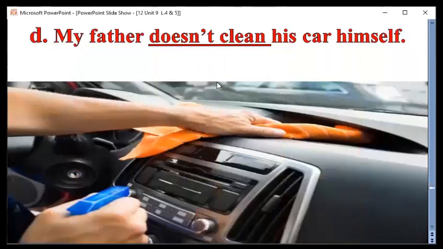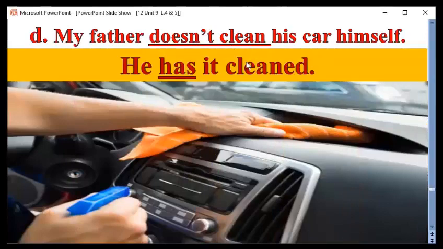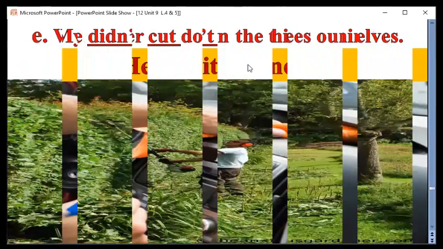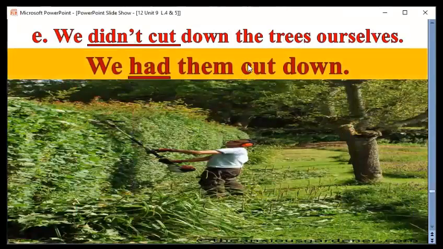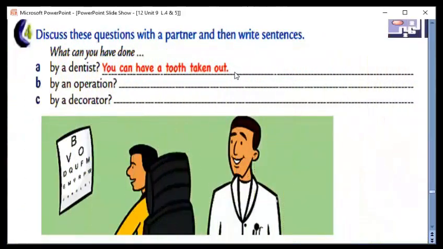After that, here we have my father doesn't clean, he has it cleaned. The next one, we didn't cut, take care, we had them cut down. This is had, this is object, and past participle. Take care, dear students. Take care because it's very, very easy and important at the same time.